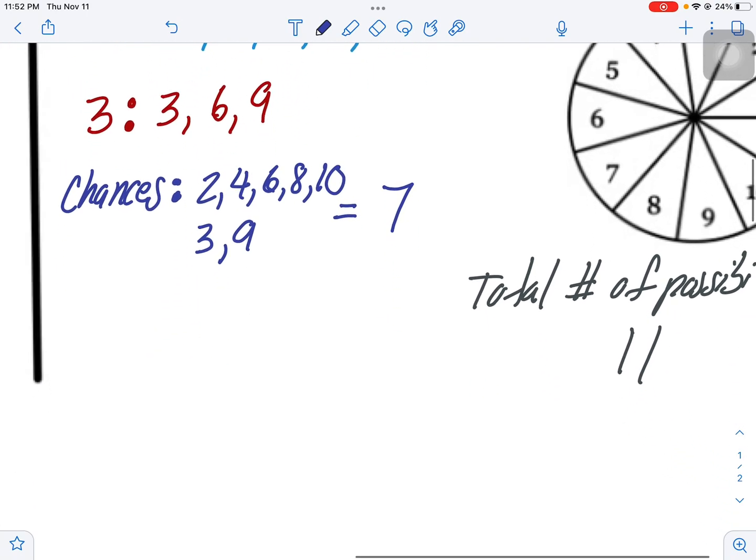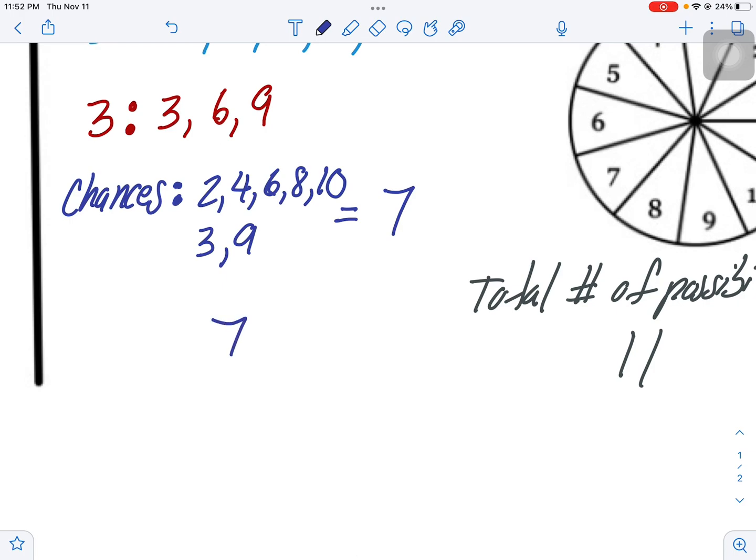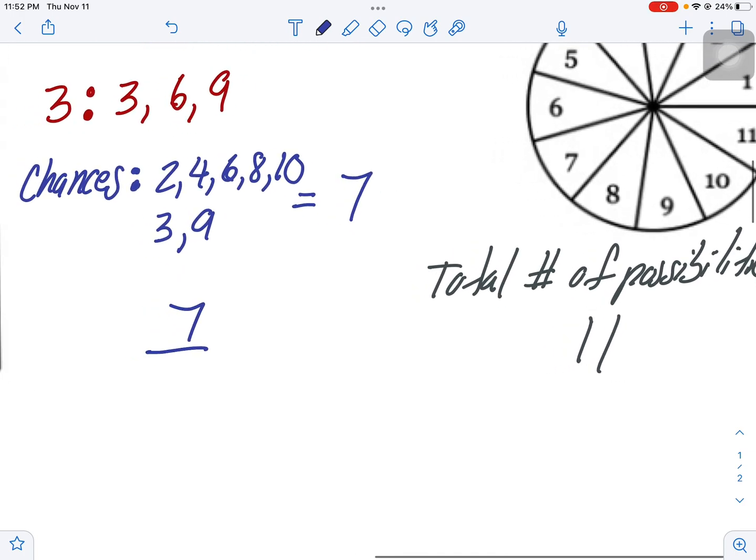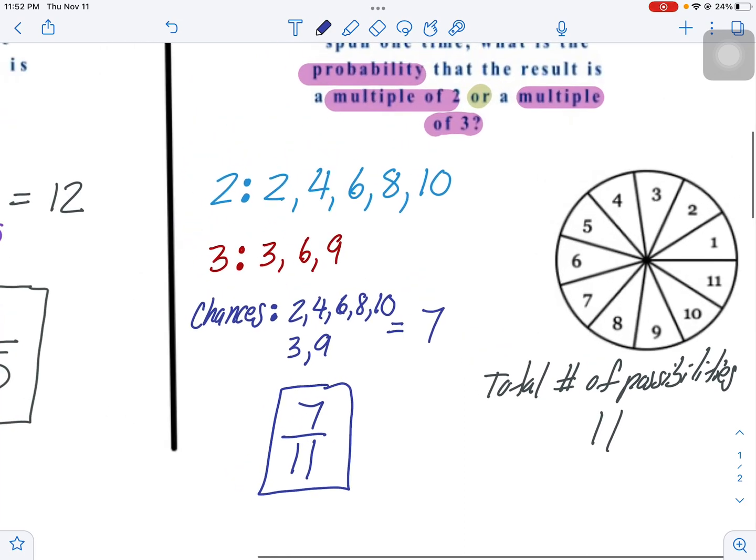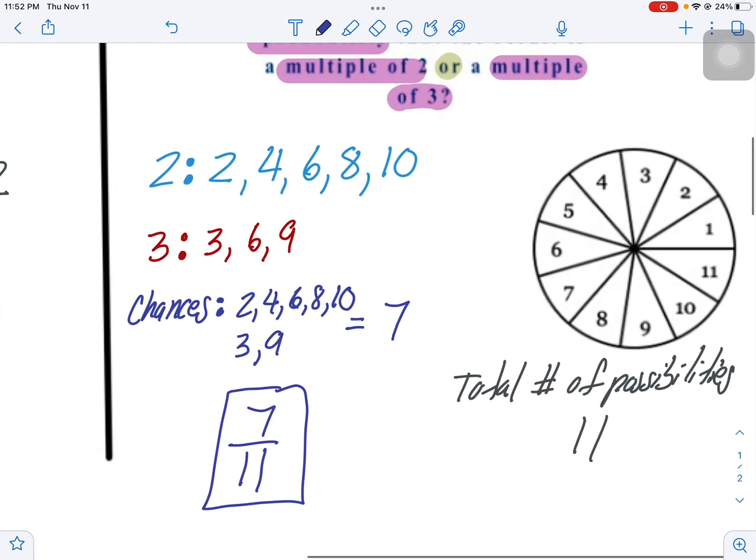So the chances is 7, and our total number of possibilities is 11. And so here we go. This is our solution. The chances that we get a multiple of 2 or a multiple of 3 on this spinner is 7 out of 11.